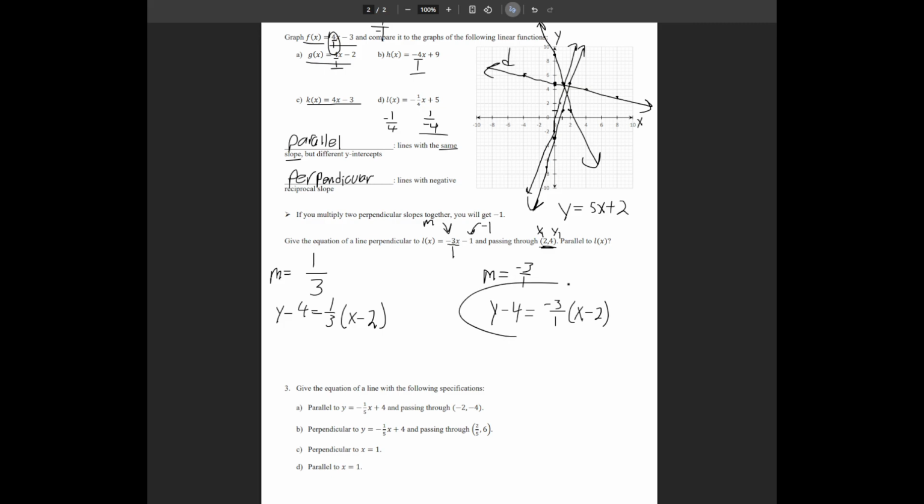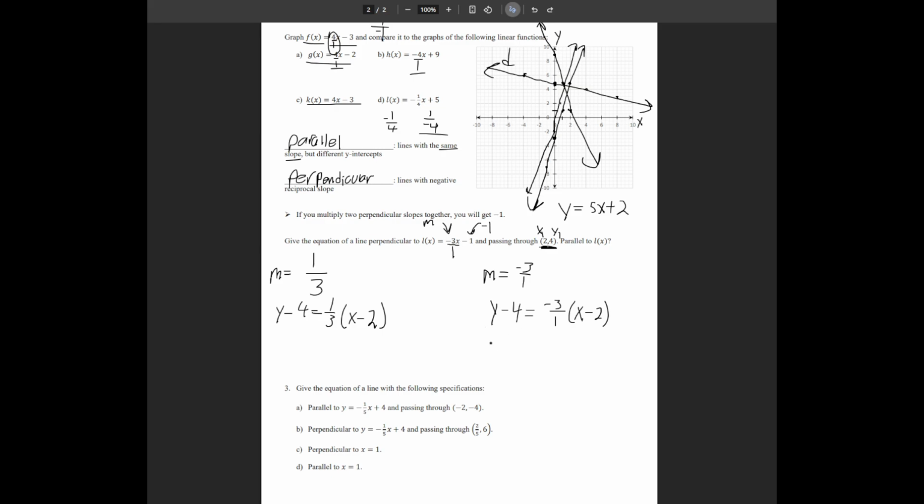All right, this will be a line that has the same slope, but we have to check if our y-intercept is the same in this equation. If not, we have to use a different point, because this point would just give us the original equation. So in order to check that, all you have to do is plug in 0 for x and see what that gives you.